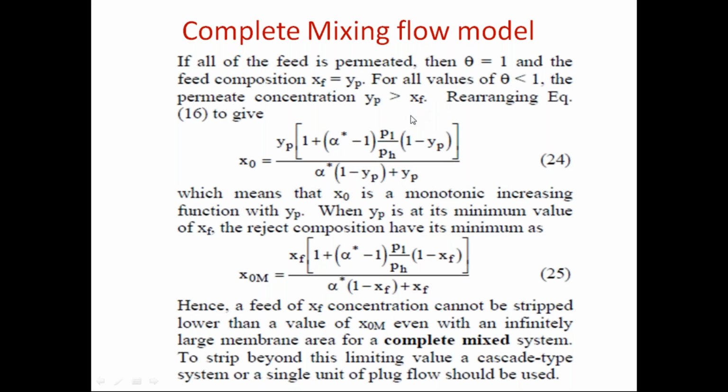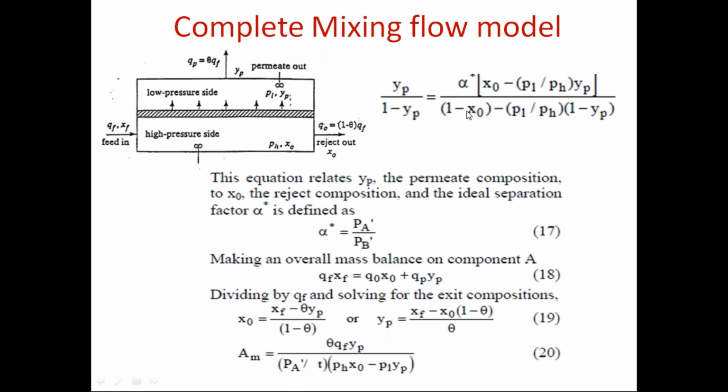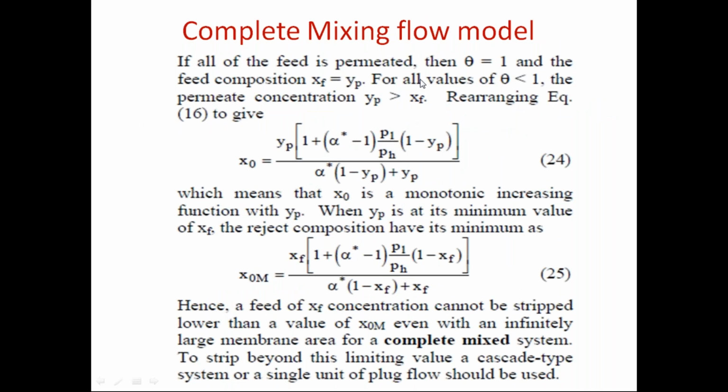So now if you rearrange this equation so as to calculate the X0, you will get this equation, the X0 in terms of the YP. Okay, which means that X0 is a monotonic increasing function of YP. So whatever YP value is there, with that it will be more, isn't it?